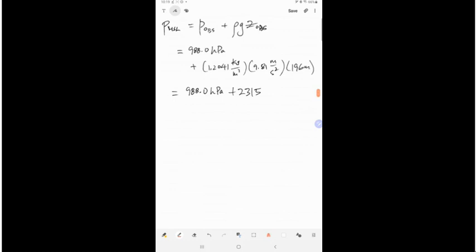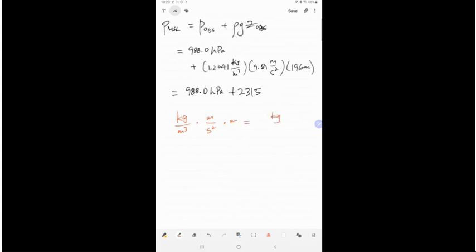So we're trying to figure out the units that need to be attached to the 2315. From the density, you can see that we have kilograms per meter cubed. From the acceleration due to gravity, we have meters over seconds squared, and from the altitude, from the height of EMOS, we have meters. So let's collect all of this together.